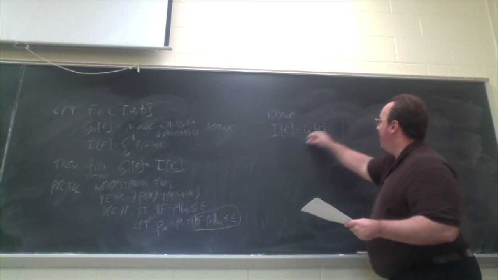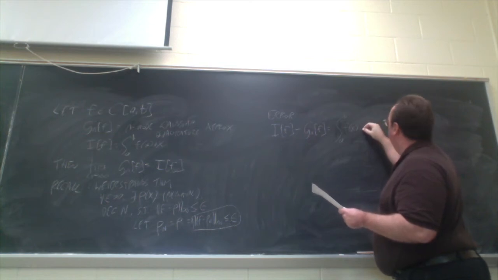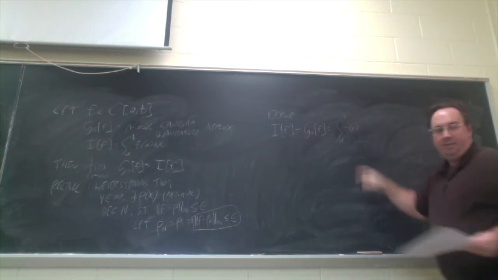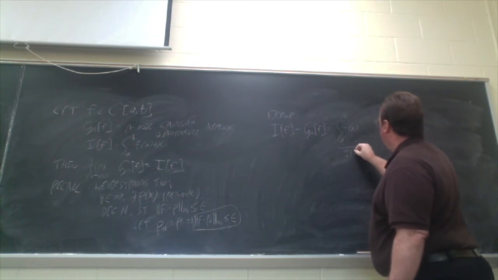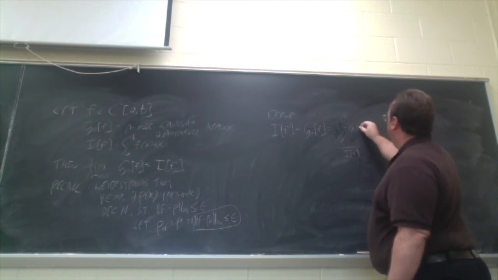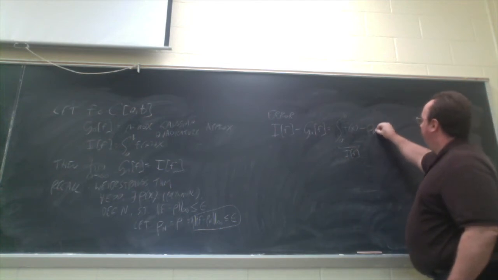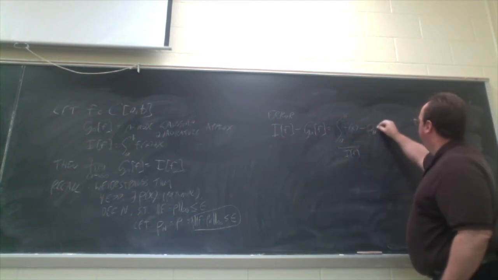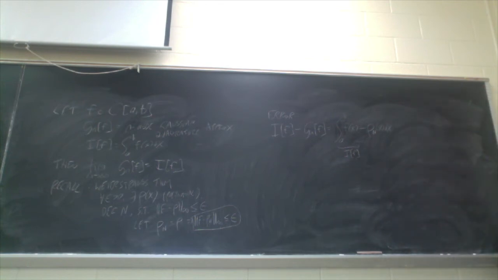So I of f, that's the exact integral, is where this comes from. But now I'm going to subtract off, inside the integral, p capital N of x. But because I've just subtracted it off, of course I have to add it back in.